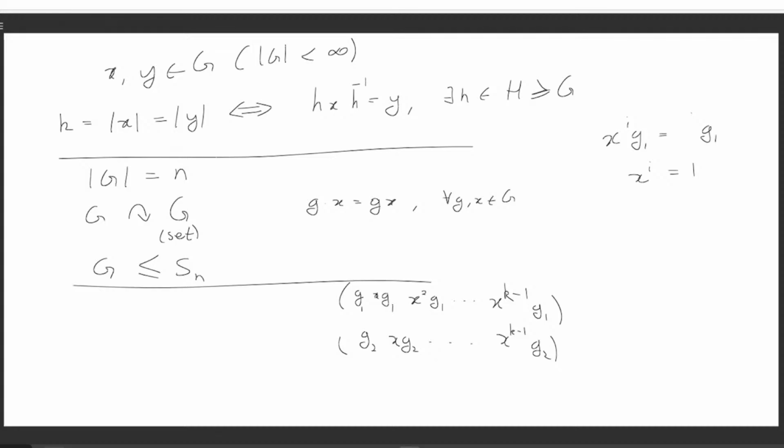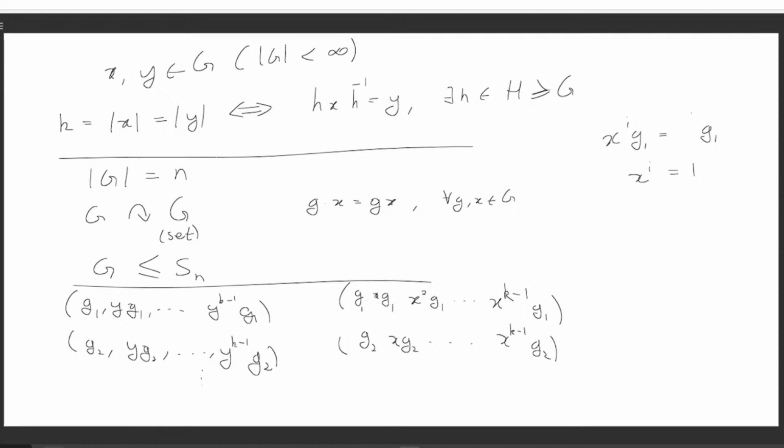Similarly, if you take y and do this, you will get g1, then y g1, and so on up to y power k minus 1 g1. Similarly, g2 will be left out. So you have to argue why g2 is exactly left out. Again, basically cancellation. So they will have the same cycle structure.